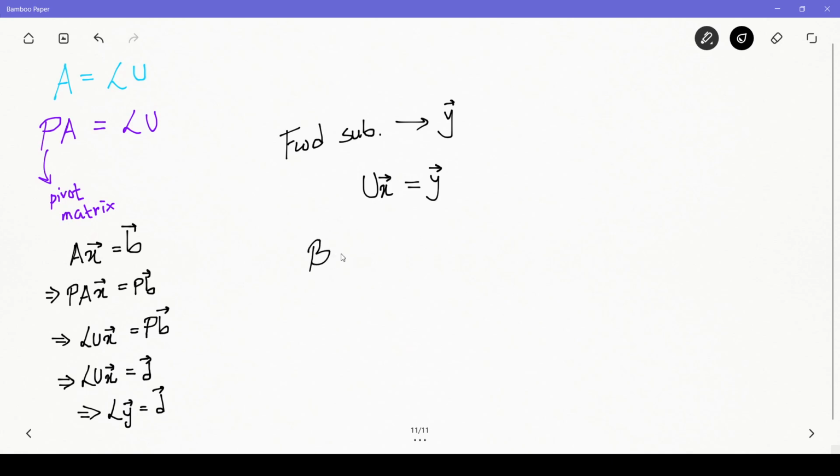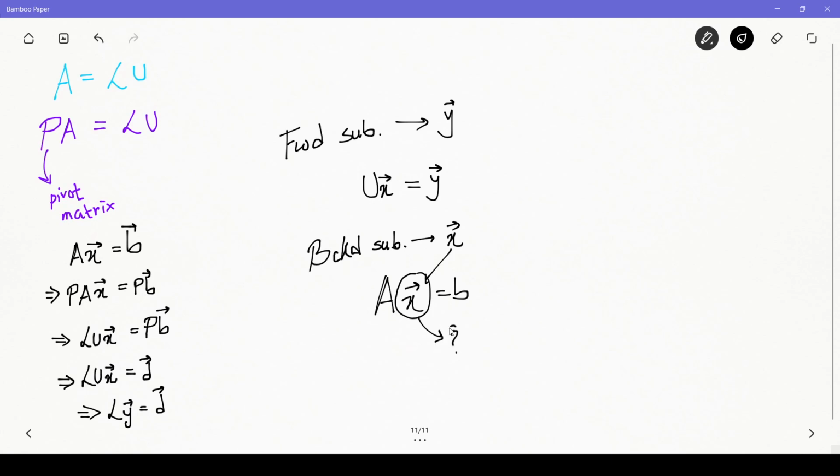When we have an upper triangular matrix, we perform backward substitution. So using backward substitution, we find the value of x. After finding the value of x, we arrive at the solution of Ax equals b, right? That was our ultimate goal.